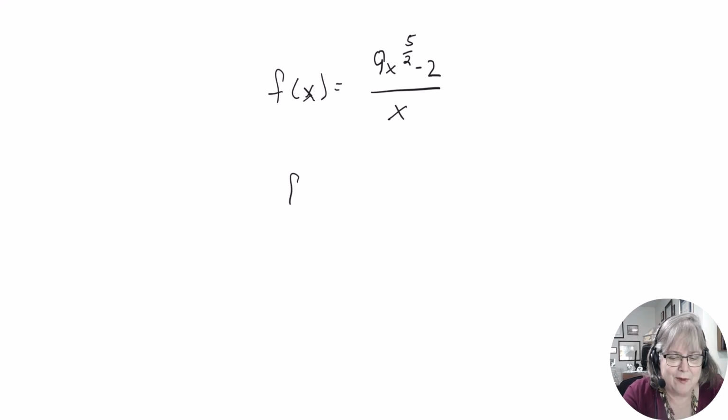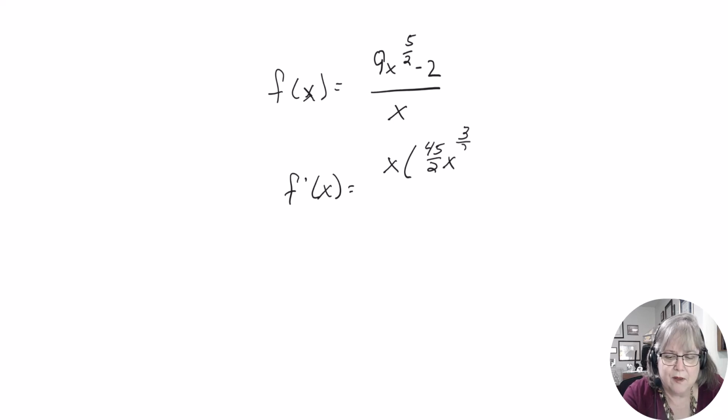So let's take the derivative, it's the bottom times the derivative of the top. So we would have our 9. We bring the 5 halves down in front to multiply. So that'd be 45 halves x. Take 1 off the power. So 5 halves minus 1, which is 2 halves, right?